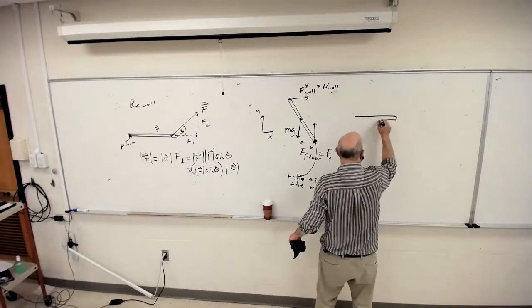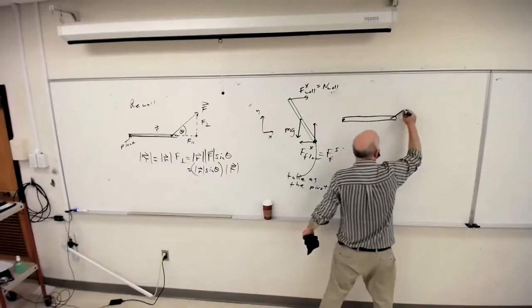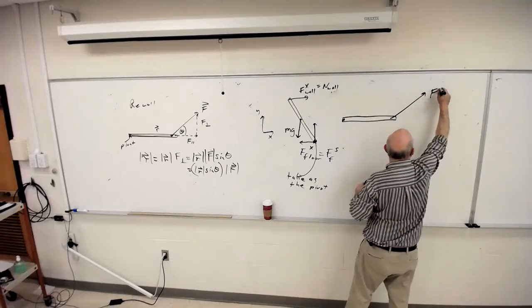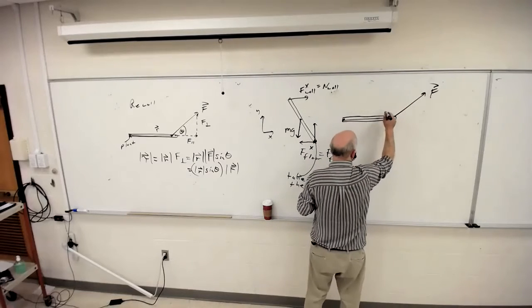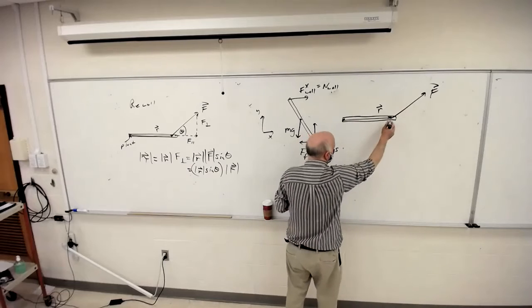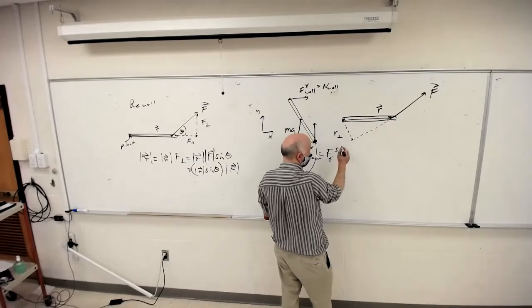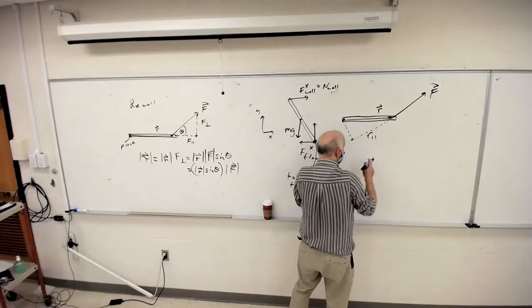I needed these equations 100%. So what you could also just as well do, that's one. But here's your F, R. I can go like this. I can call this R perpendicular and call this R parallel.